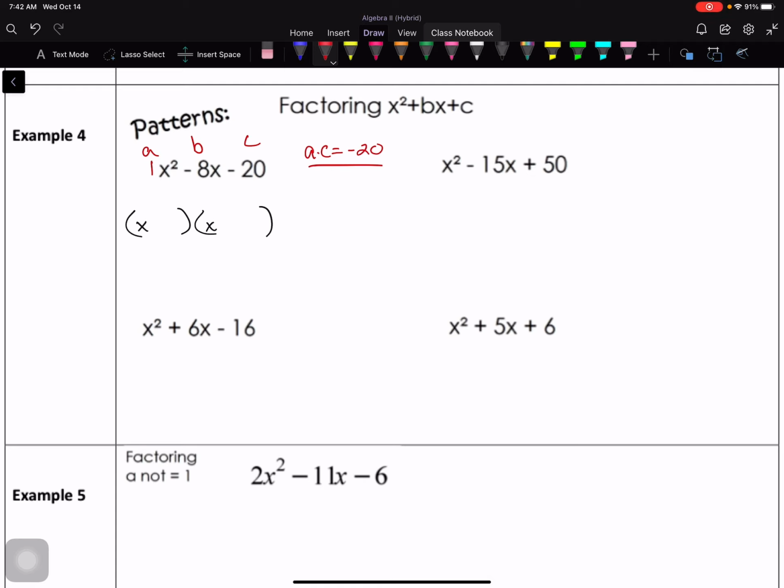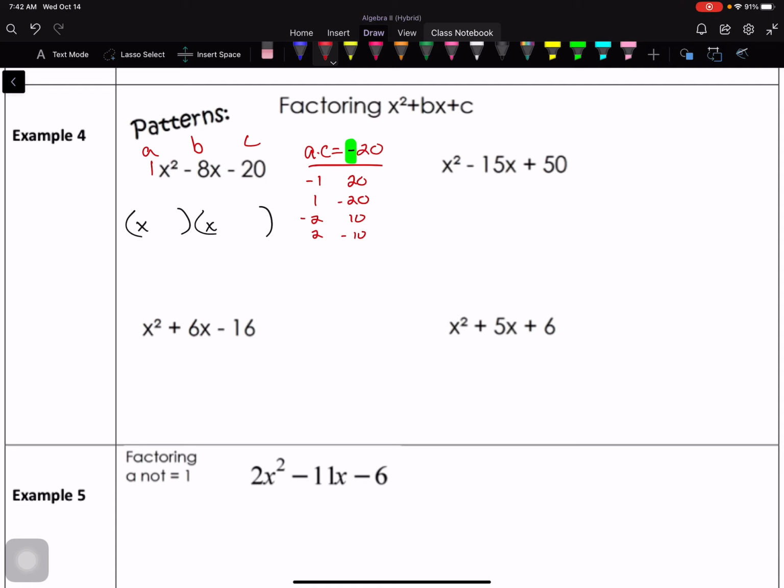I'm just going to list them all. If you know what the correct one is right away, use it. So negative 1 times 20 is negative 20, and then you can just flip the sign. Negative 2 times 10, and you can flip the sign. So when your a times c is a negative number here, you're going to end up with more factor pairs than you probably care to use.